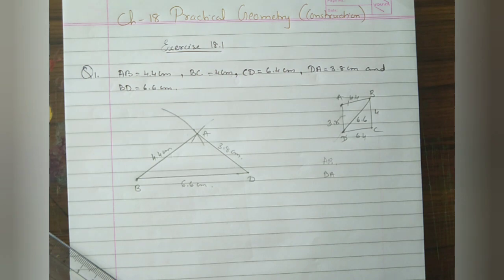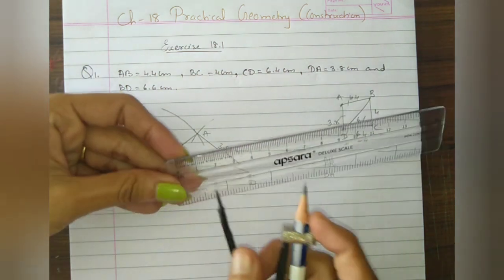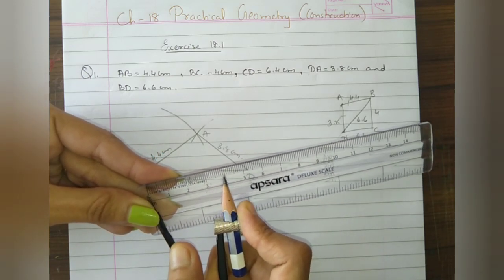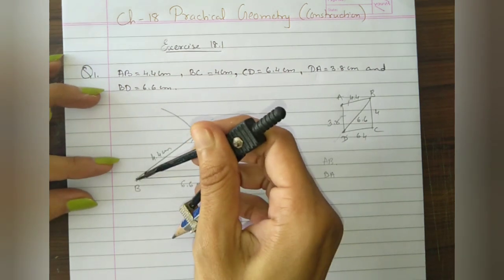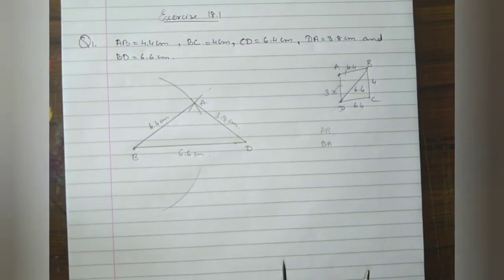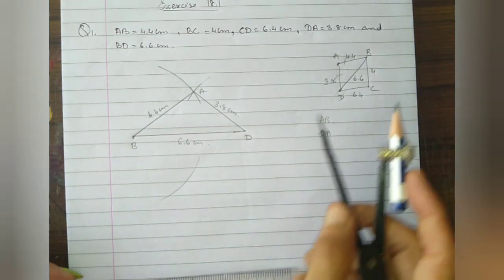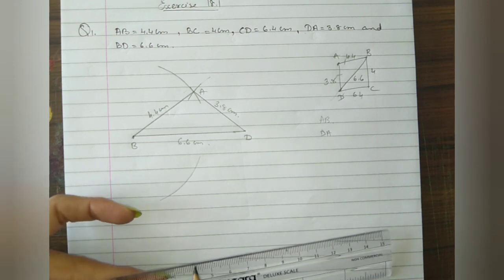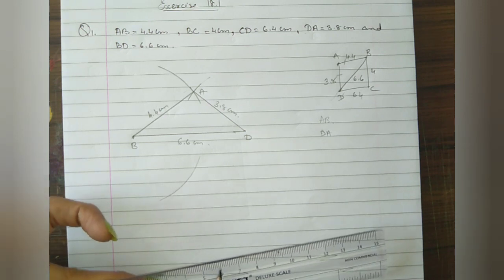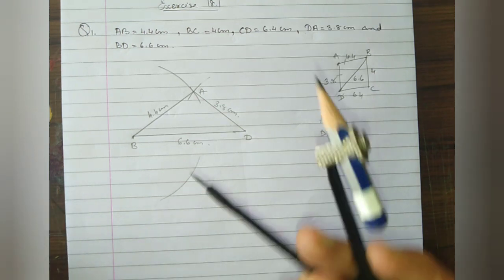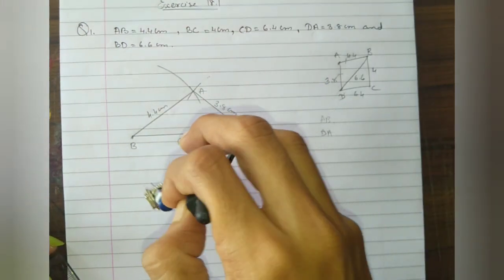Now the lower triangle we will do, that is first BC is 4 cm. So take BC as 4 cm and draw from B, and draw an arc over the lower side. Another one, take DC as 6.4 cm, and then intersect this arc.